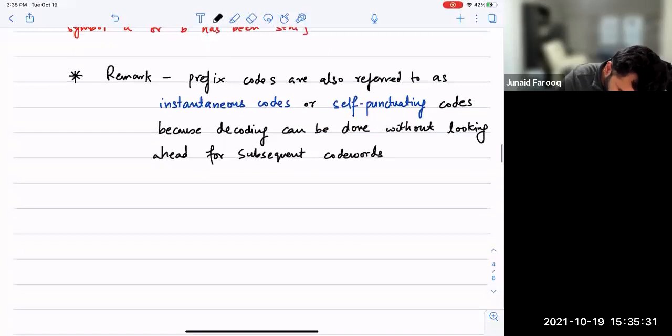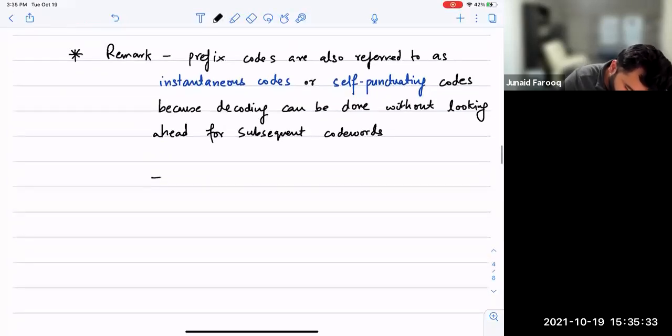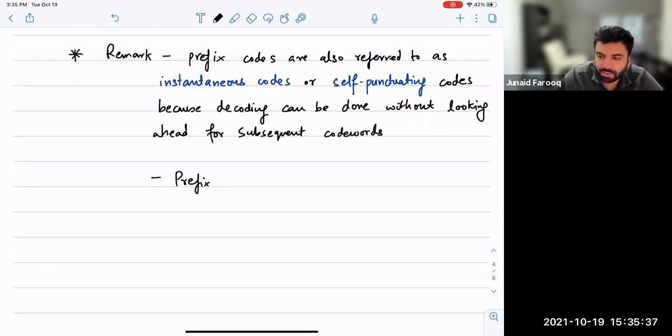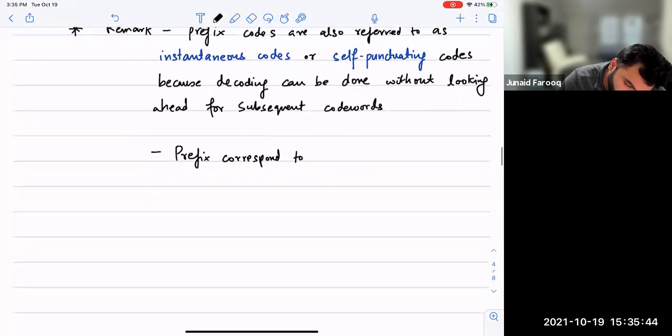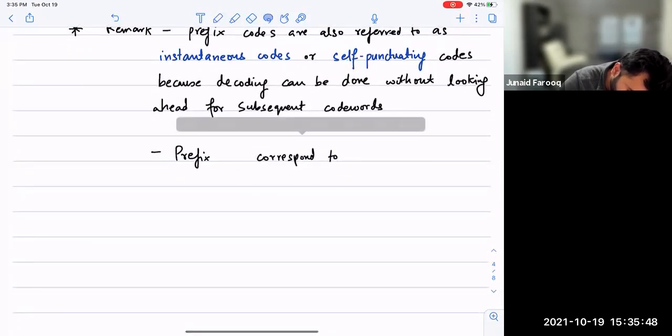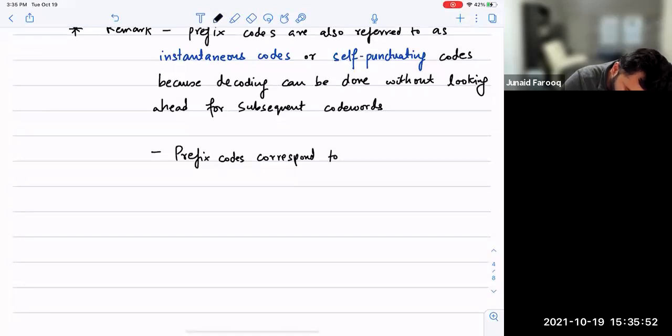Another important remark here is that prefix codes are actually codes that can be mapped to trees. So prefix codes correspond to trees, right? So for example, a binary tree.